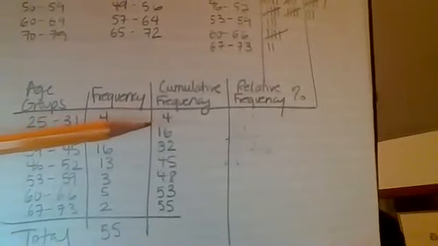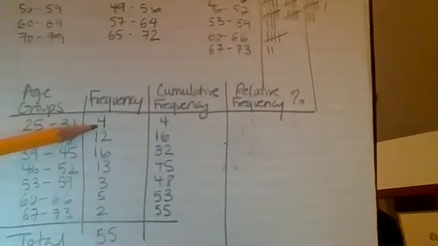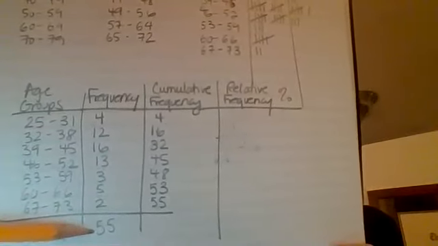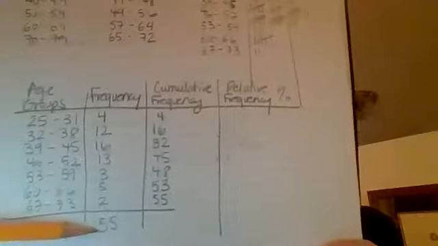Where it says that I have 4, it doesn't matter in the first class, if you say I have 4, that's 4 out of the 55.